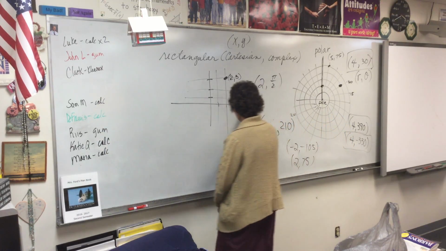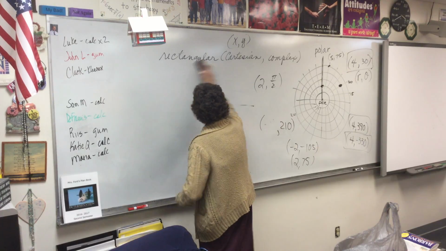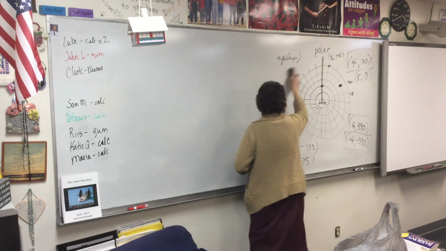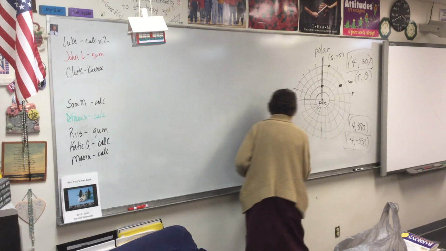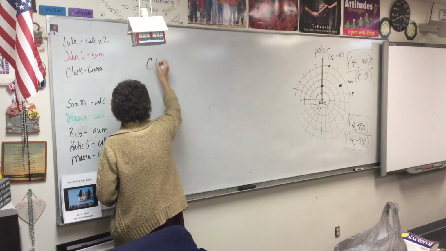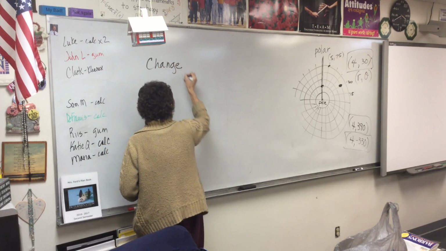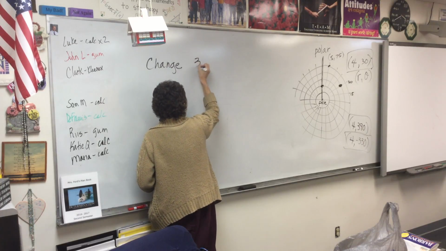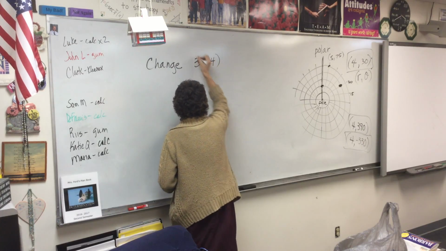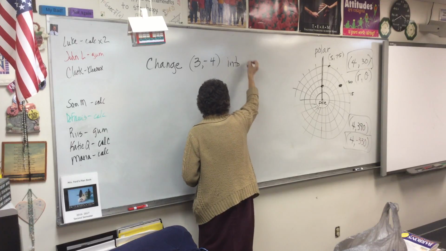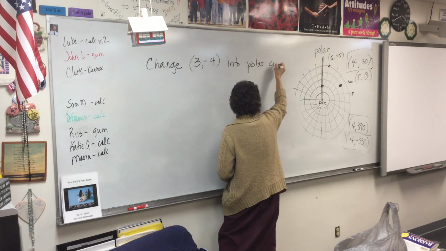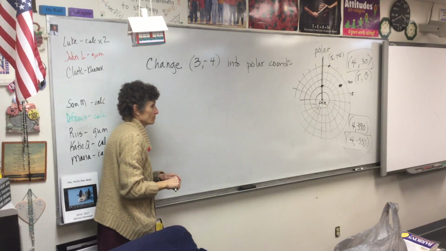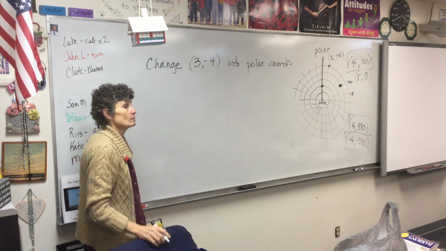Now we're going to see if we can change from one system to the other. So in other words, we're going to see if we can change, let's say 3, -4 into polar coordinates. So it's 3, -4, like a regular Cartesian.